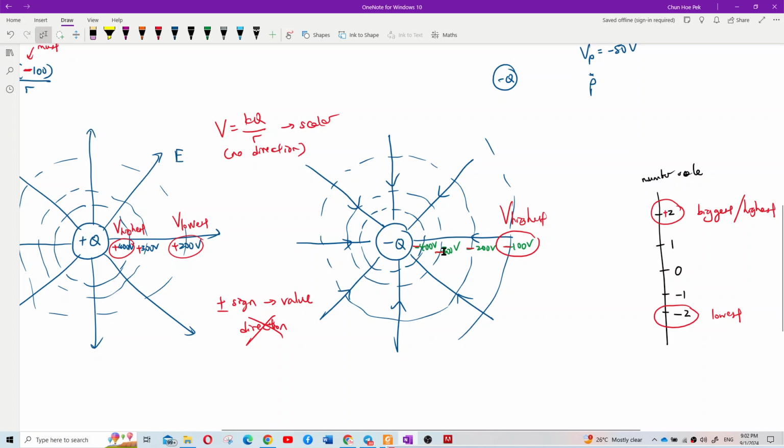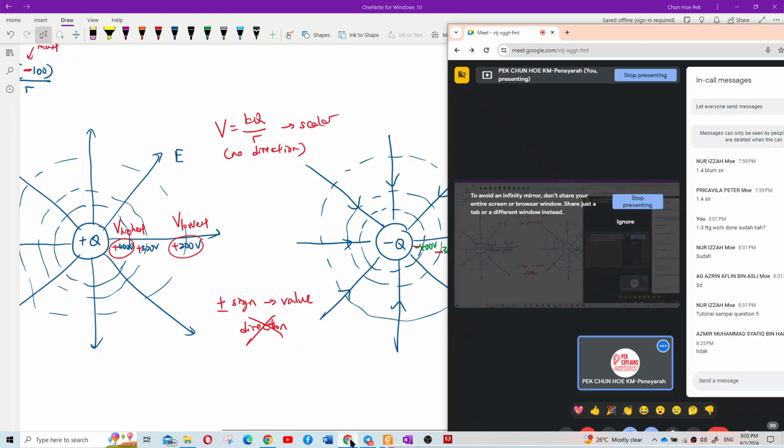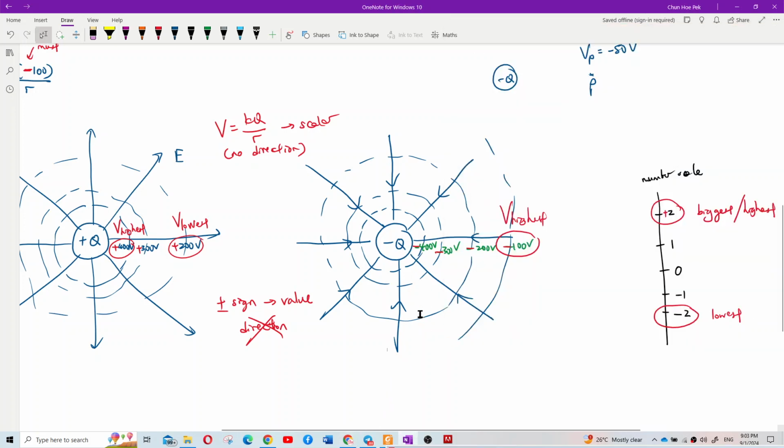Ini, which one is the lowest potential? Cepatlah. Dah 9 ni. Which one has the lowest potential?